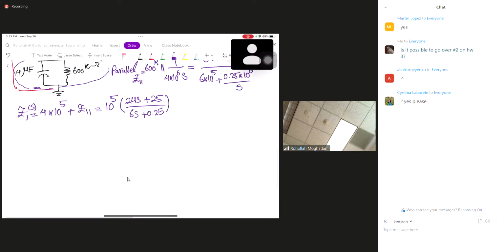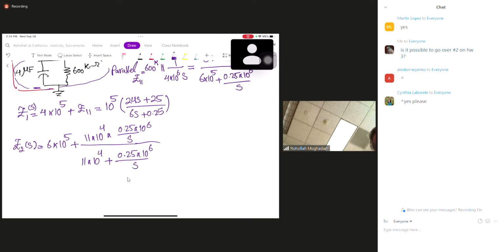So then Z2 of s becomes 6 times 10 to the 5 plus 11 times 10 to the 4 times 0.25 times 10 to the 6 over s, over 11 times 10 to the 4 plus 0.25 times 10 to the 6 over s.